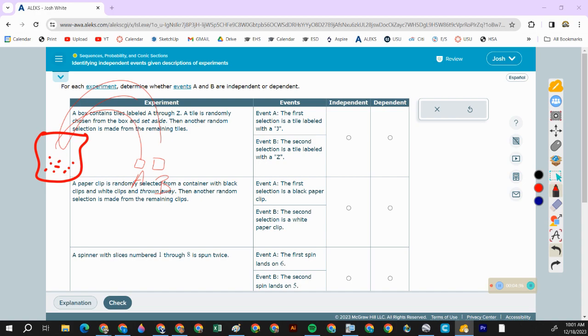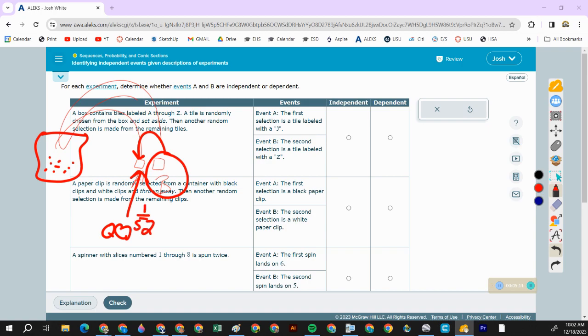Okay? Does tile B depend on tile A? Does choosing A affect the probability of B? Yes. Okay. Imagine the tiles were cards, and we wanted to know, what is the probability that this is the Queen of Hearts? How many ways can that happen? 1 out of 52.